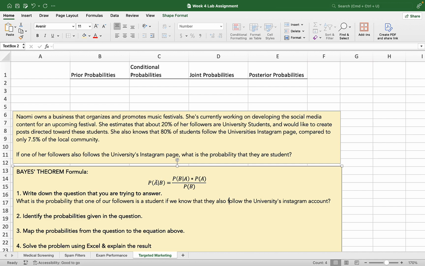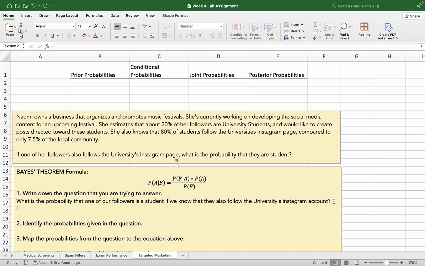So our unknown is A, and the known is B, right? So we are looking for the probability that someone is a student given that they follow the university's Instagram account. Probability student given they follow the university's Insta.